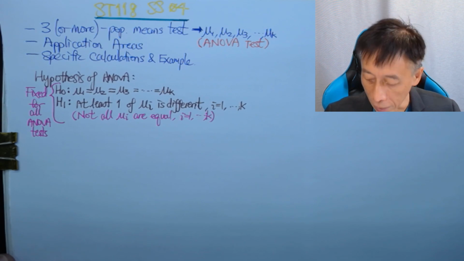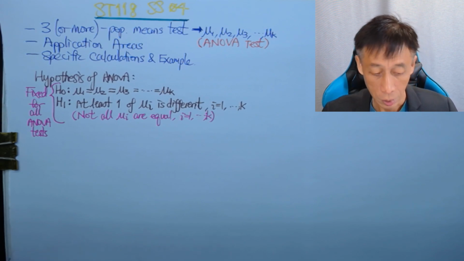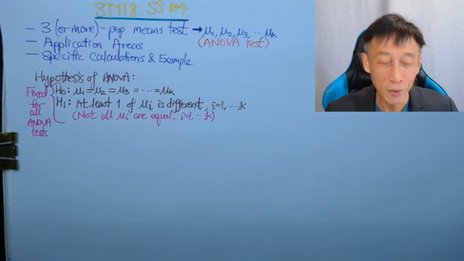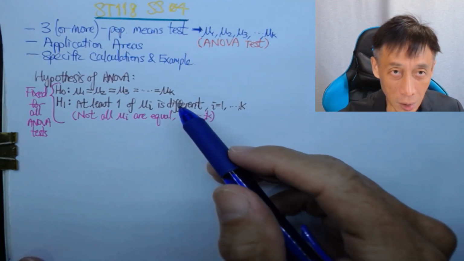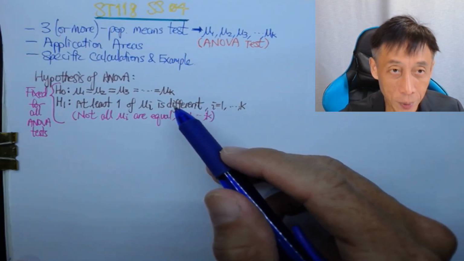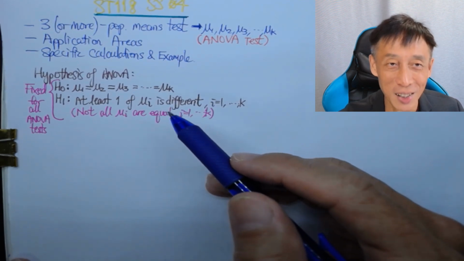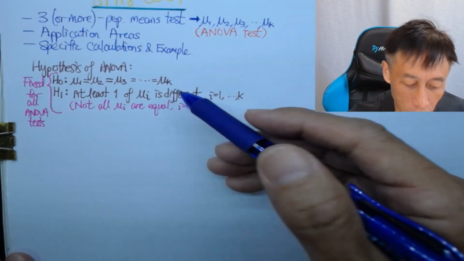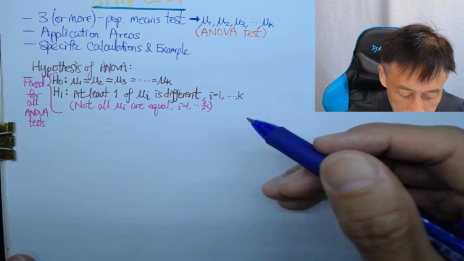And that's the application areas I'd like to go into after exposing the rigidity of the hypothesis statement for ANOVA in front of you.